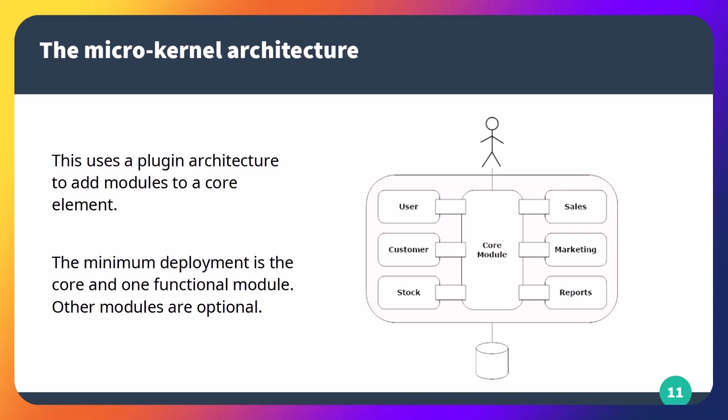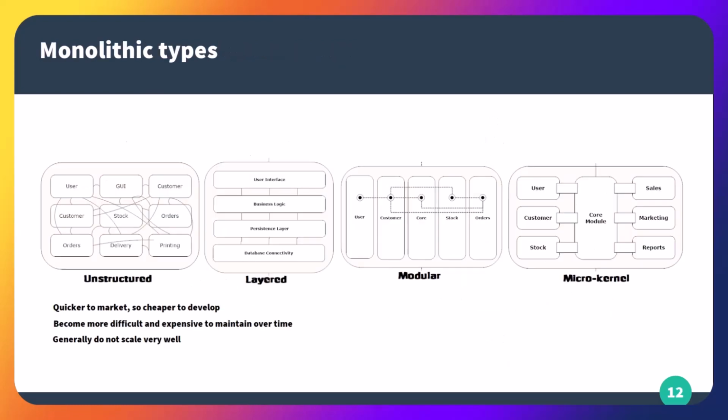This kind of architecture is suitable for situations where some clients and customers, or perhaps some users, only require some of the available functionality. So a quick summary of the principal identifying characteristics of the four monolithic architecture patterns we have looked at.